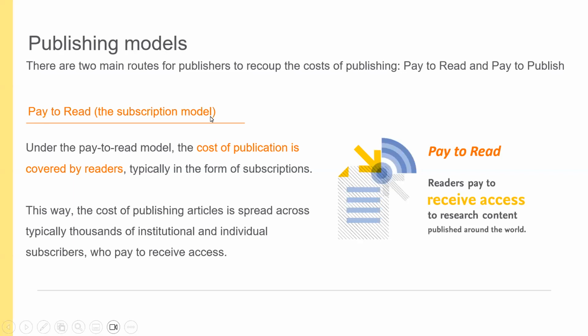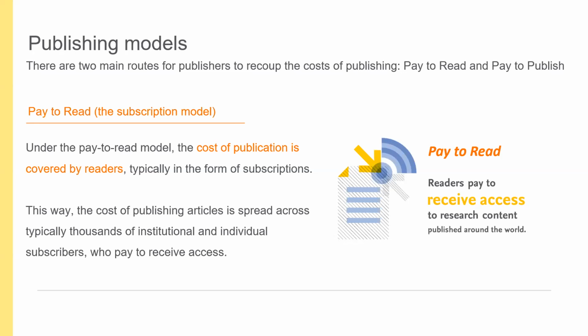For that model, we have two sides here: the reader and the author. The reader has to pay to get the information from the papers, but the author, while submitting his paper, doesn't pay anything.